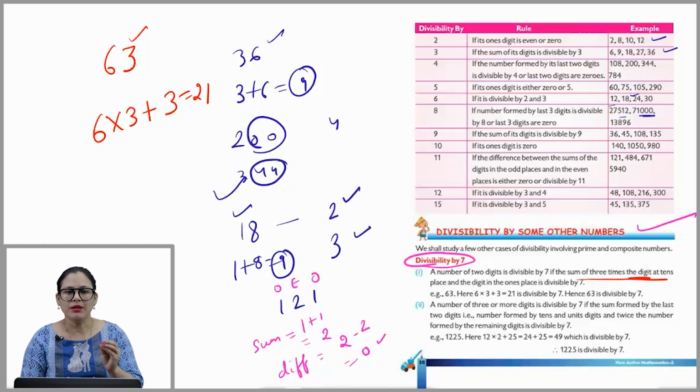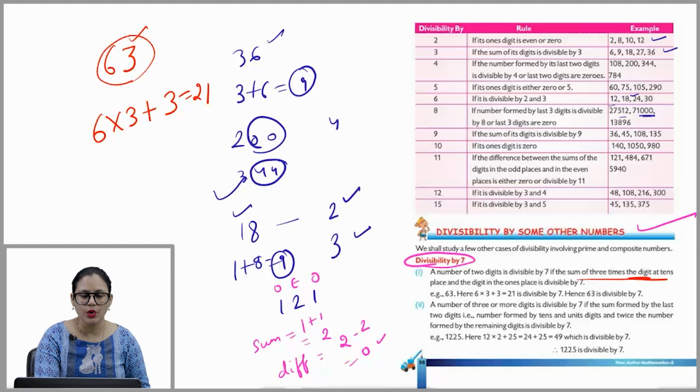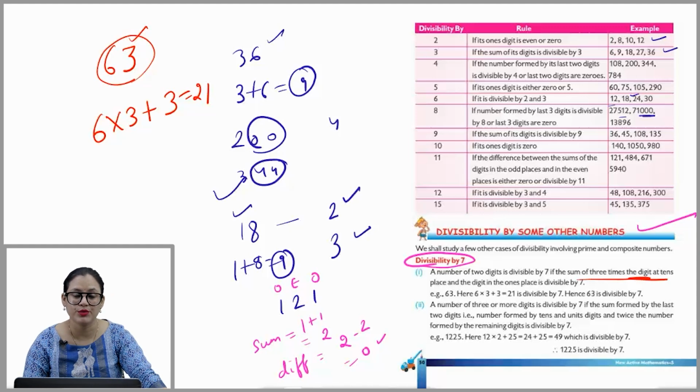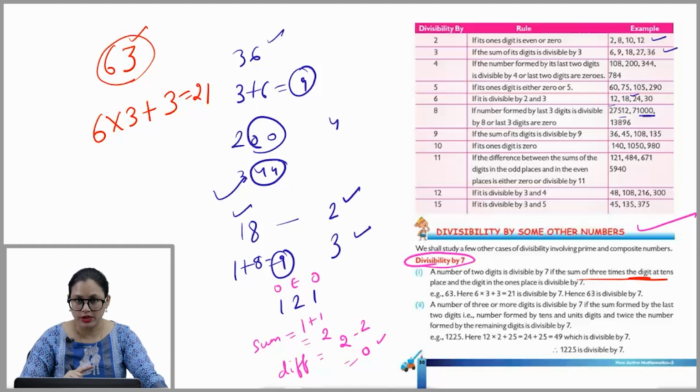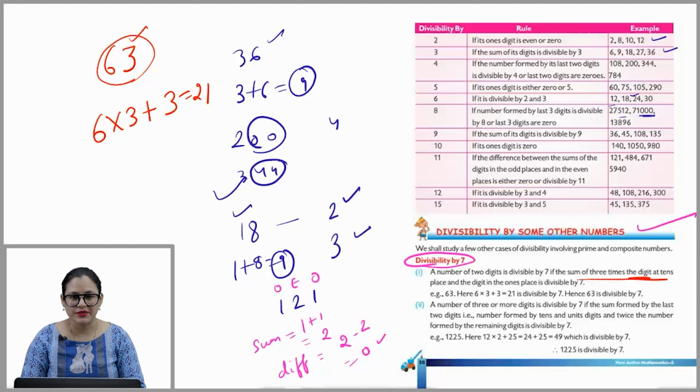Here we were talking about 2 digits. A number of 3 or more digits is divisible by 7 if the sum formed by the last 2 digits, that is the number formed by tens and units digit, and twice the number formed by the remaining digits is divisible by 7.